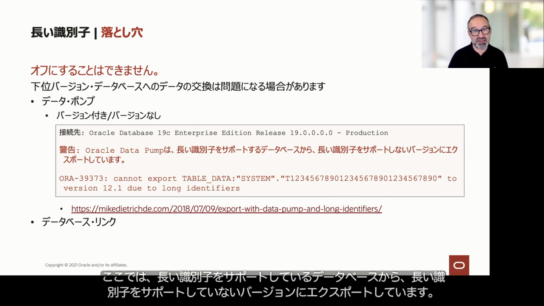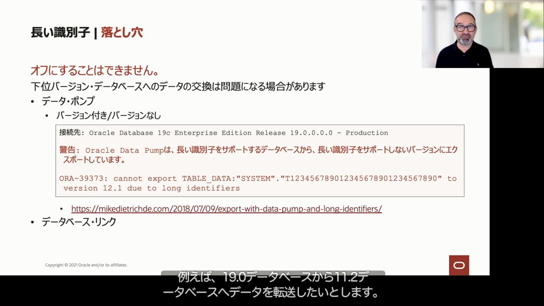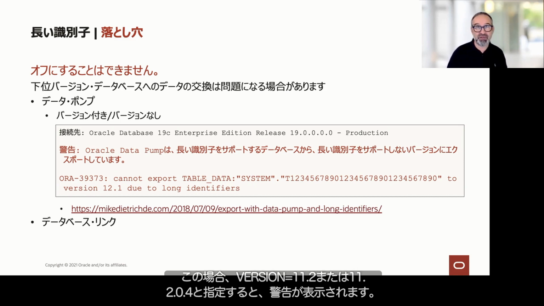So here in that case, I export from a database that supports long identifiers to a version that does not support long identifiers. In this case, I set the version parameter. So for instance, I wanted to transfer data from a 19.0 database to an 11.2 database. So I said version equals 11.2 or 11.2.0.4 in that case.